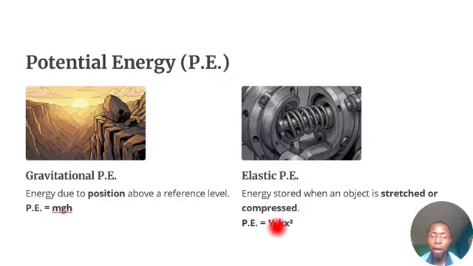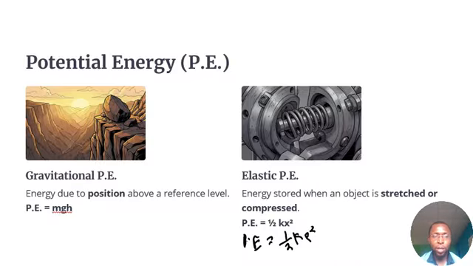So it's half k x squared. Some formulas use e, so it could sometimes be written as half k e squared. You can say that elastic PE is equal to half k e squared, where the e is the extension or the compression.